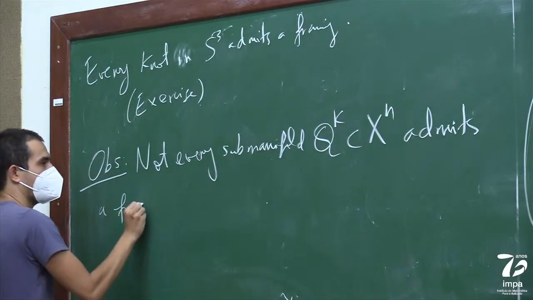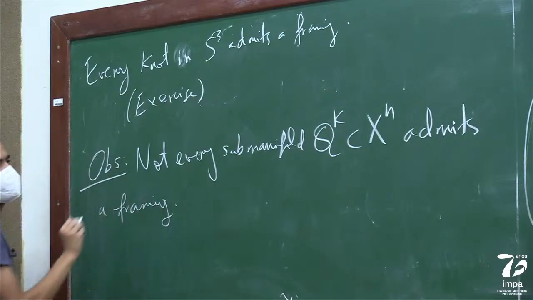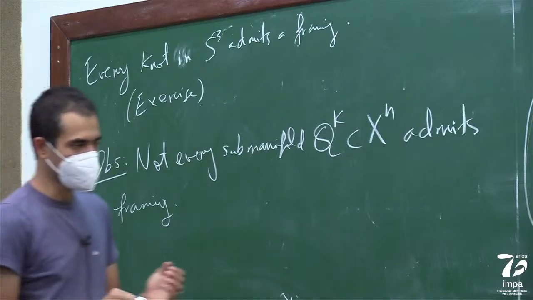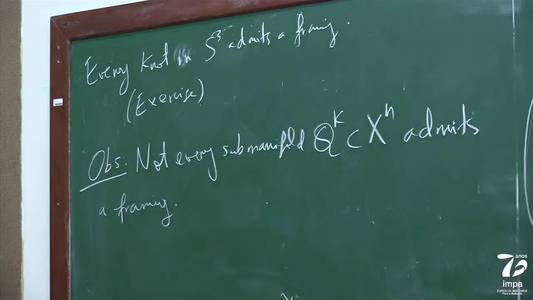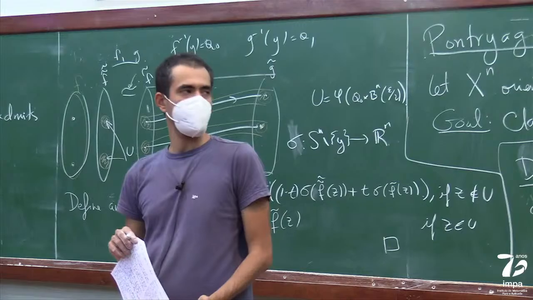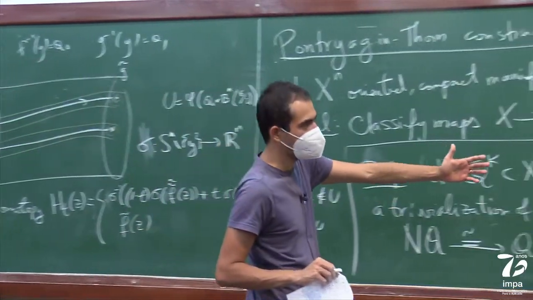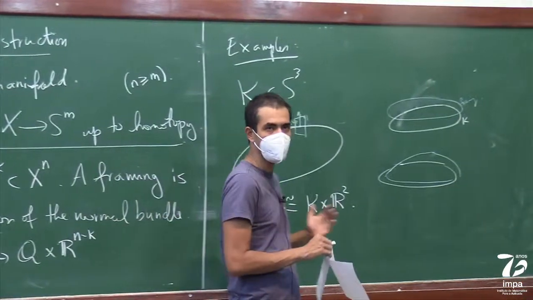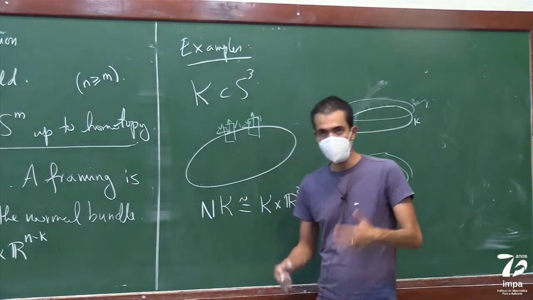So it's not true that every submanifold can be framed, because it's not true that the normal bundle is always trivial. Sometimes the normal bundle is trivial, and in these cases we can talk about a specific choice of trivialization. And sometimes, like for example here, if you take a knot, then the normal bundle is always trivial. So you can choose a specific trivialization.